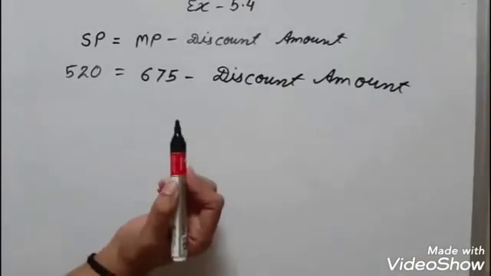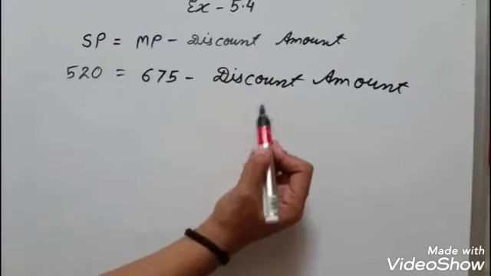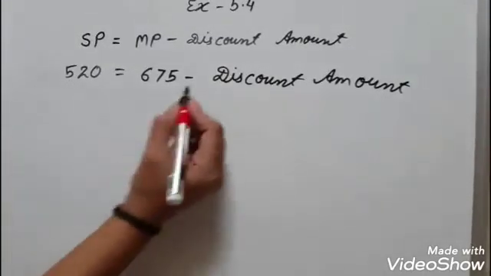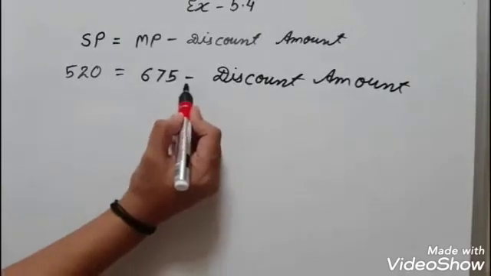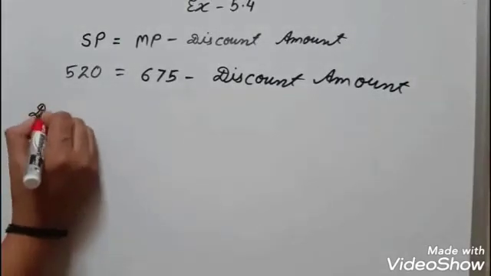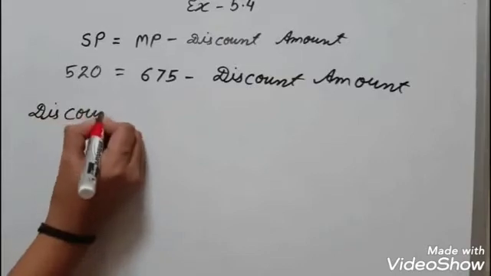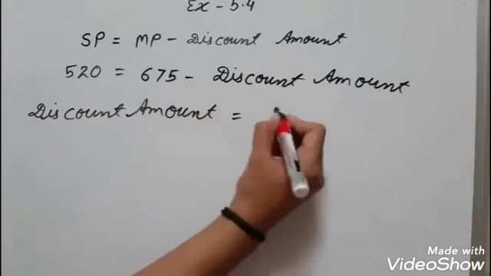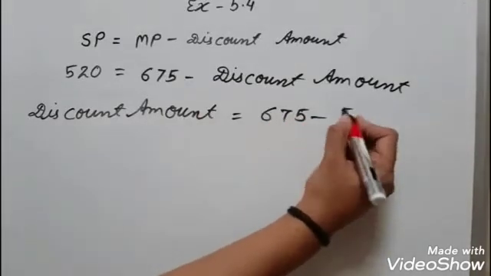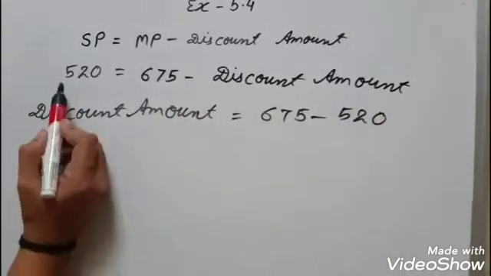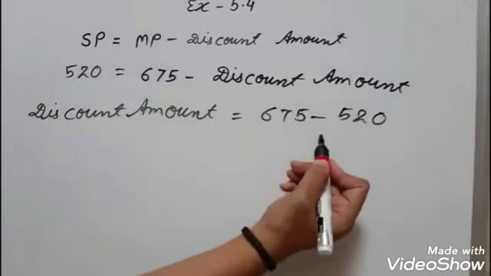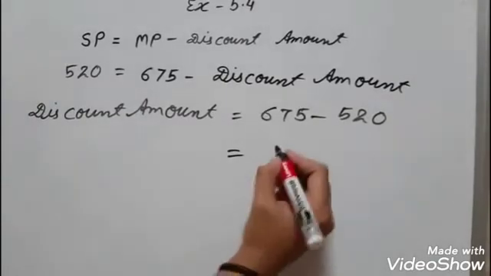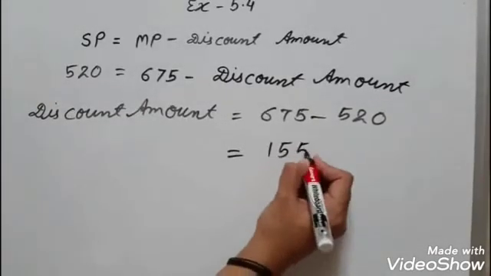So we can shift this discount amount to left hand side and this value to right hand side. Since it is negative here, so this side it will become positive. So discount amount is 675 minus 520. Since it was positive here, so this side it is negative. Subtract it and the answer is 155.